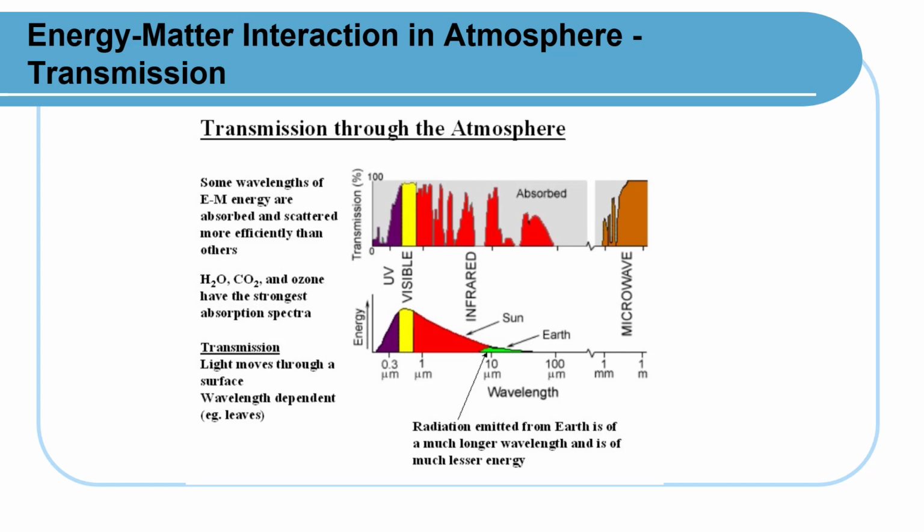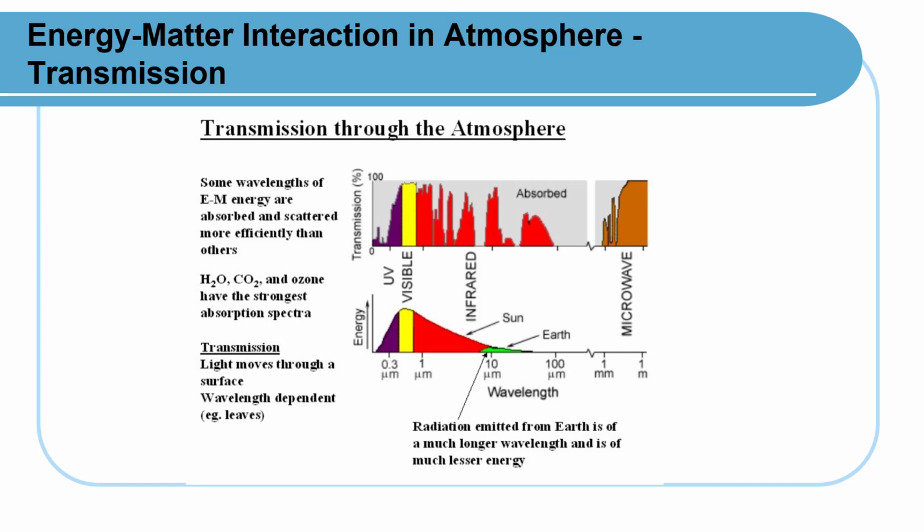So some wavelengths of electromagnetic energy are absorbed and scattered more efficiently than others. So water and carbon dioxide and ozone have the strongest absorption. Clouds, carbon dioxide gases, and the ozone layer that surrounds the Earth are all very strong absorptive features. And then transmission is when light moves through a surface.